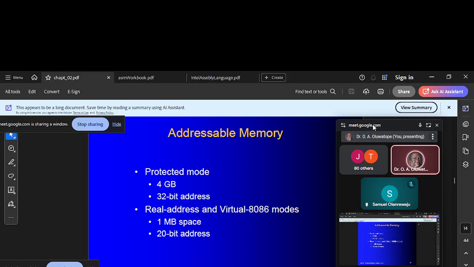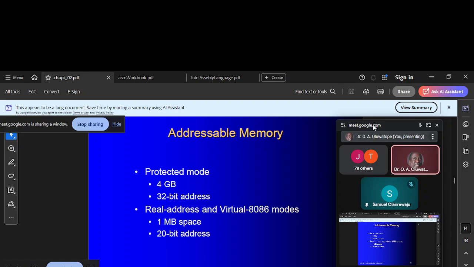In real address mode, because it is limited to 16 bits, but with the 4-bit addition, which makes it 20, it is able to recognize 20 bits of memory space. 2 raised to power 20 gives 1 megabyte.